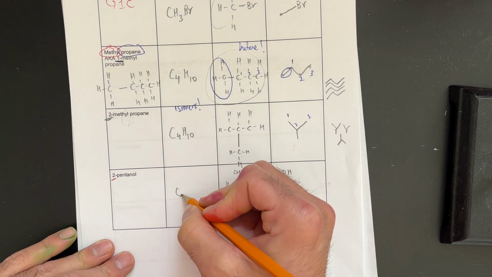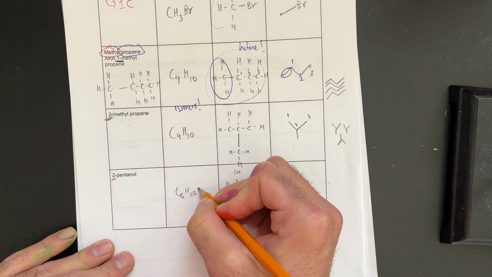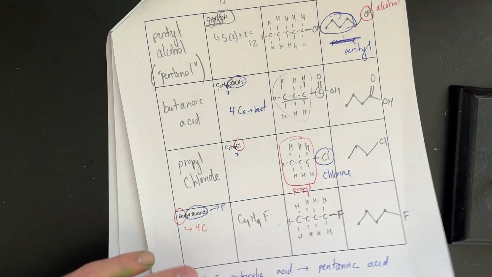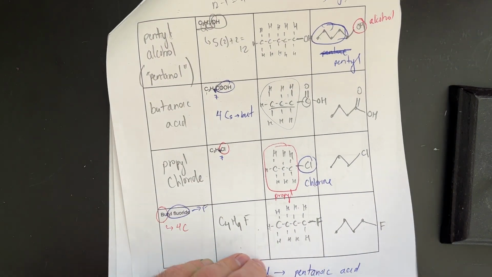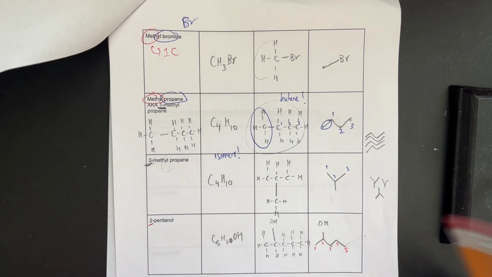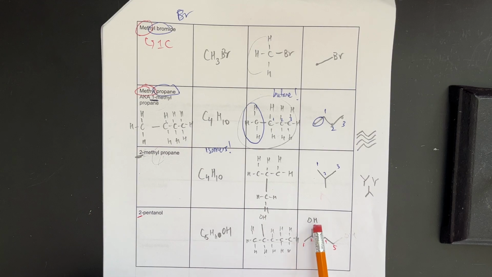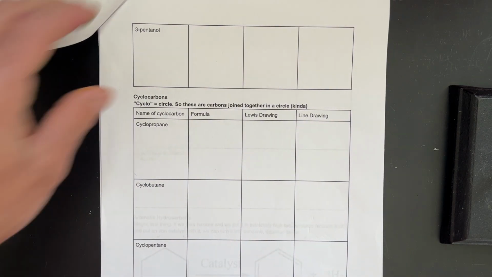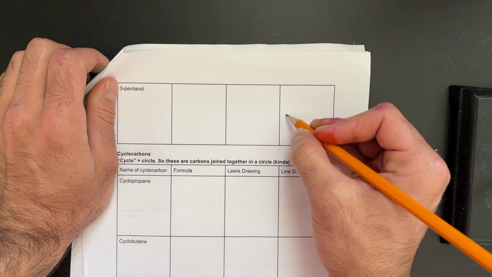The formula is actually C5H11OH, which is just like the first one we started off with. Remember, we started off with pentanol. Now I'm saying 2-pentanol. We've learned this idea of numbering our chain and putting the alcohol onto the numbered carbon. And so now 3-pentanol, what will 3-pentanol look like? We'll do the same thing.